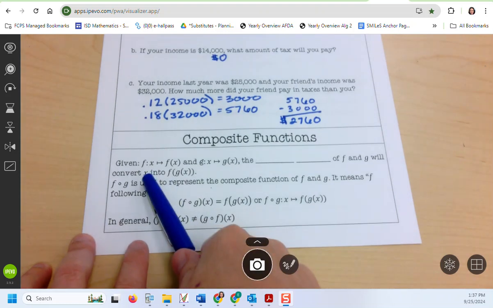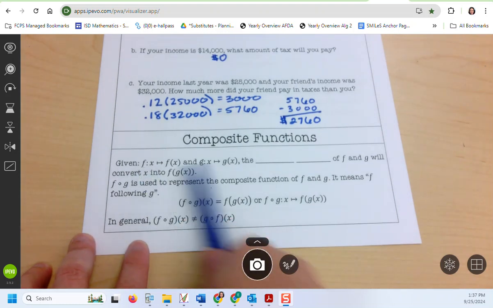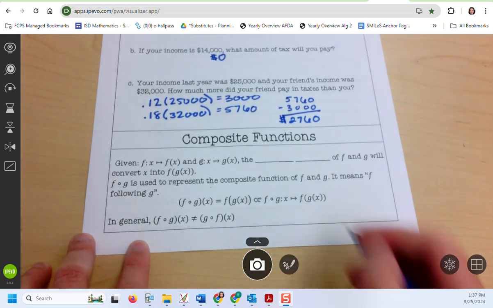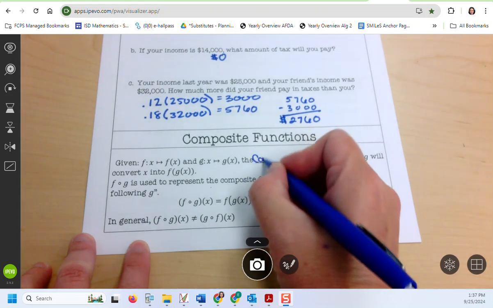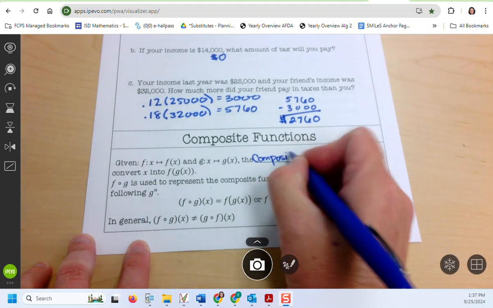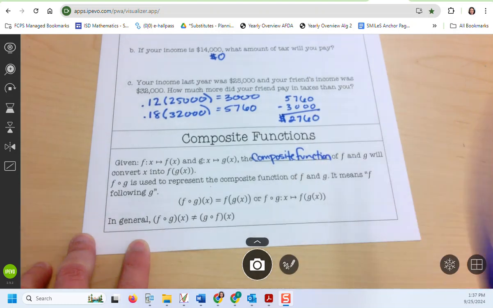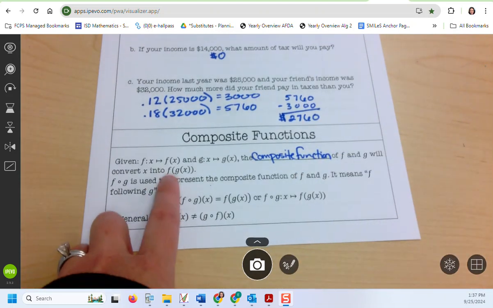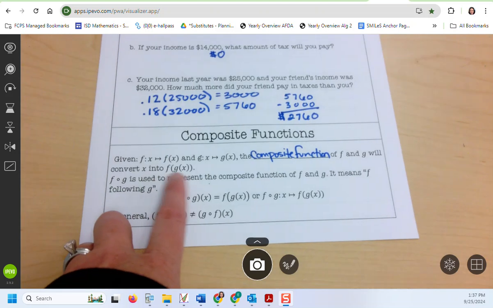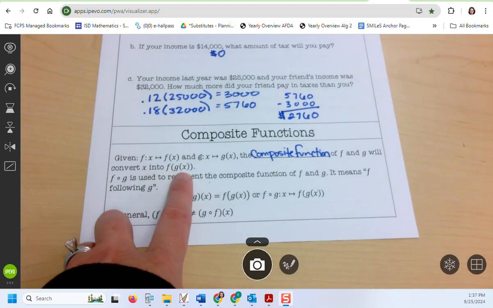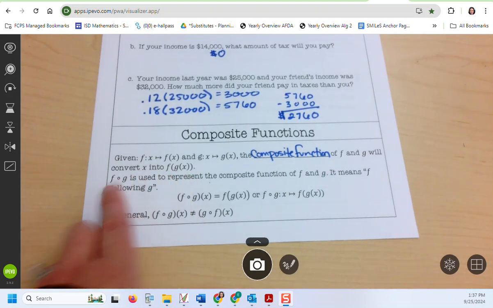All right, so given f of x and g of x, the composite function of f and g will convert into f of g of x. So this is how you may have seen it written in Algebra 2, f of g of x.